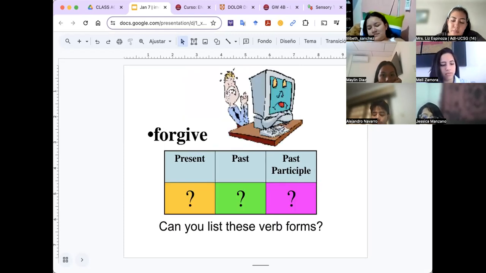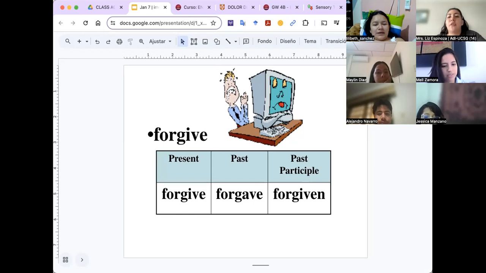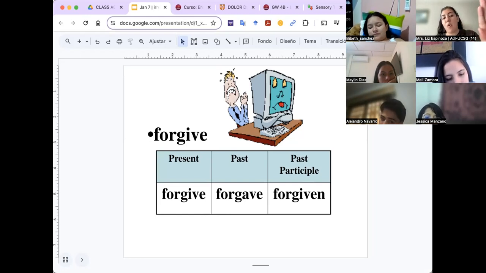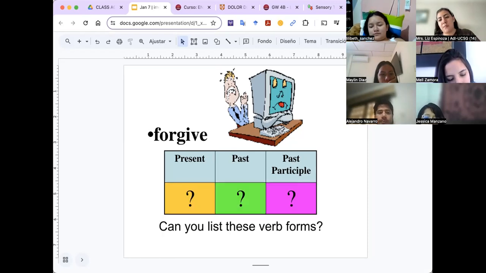Forgive. Forgave, forgiven. The past is forgave. If you cover for, you have give, and the past simple is gave also.